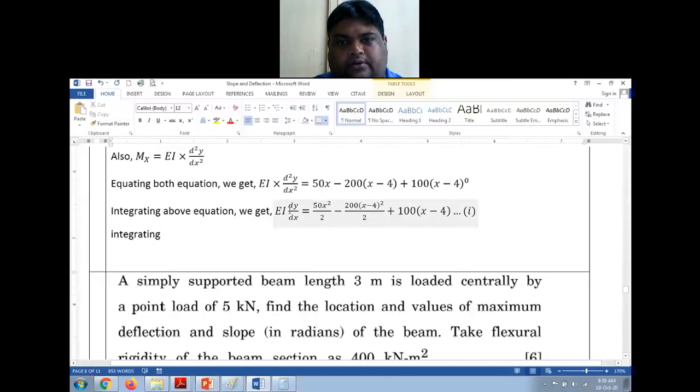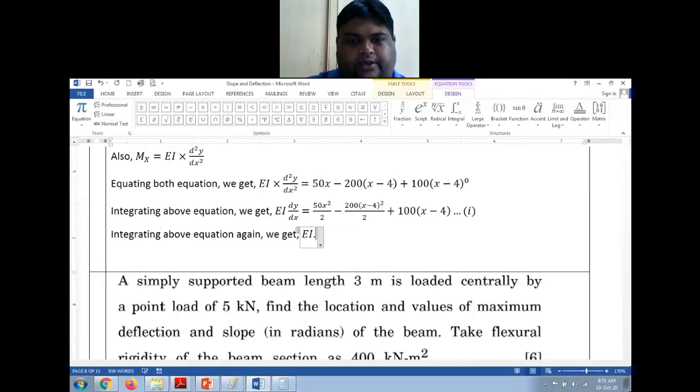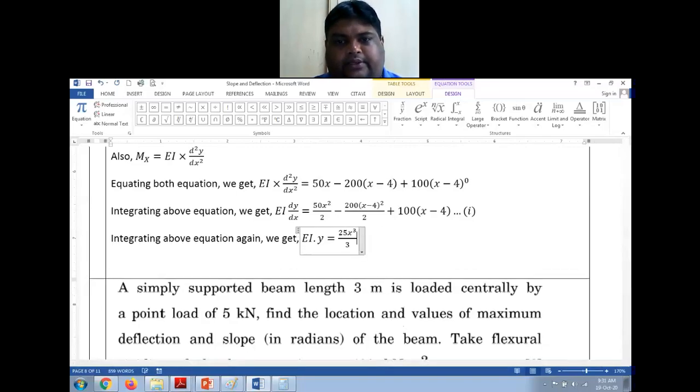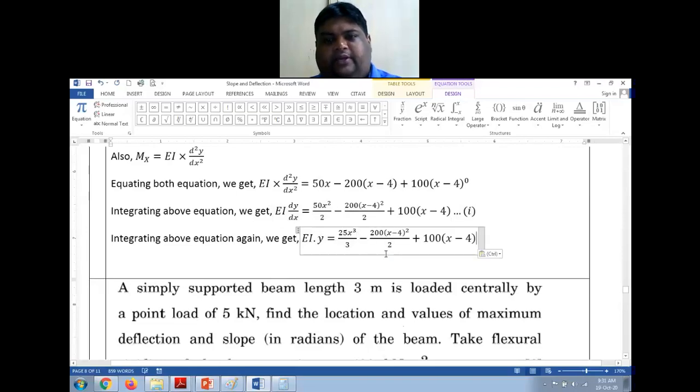Again we get EI into y is equal to, now 50 by 2 will become 25, x square will become x cube by 3, or rather I will just copy this entire expression and I will modify here.